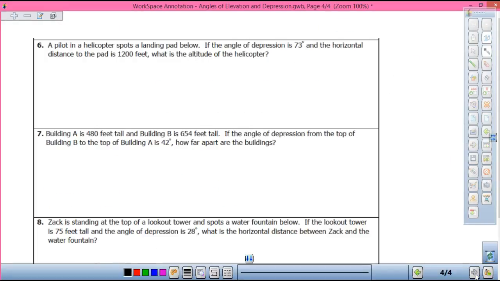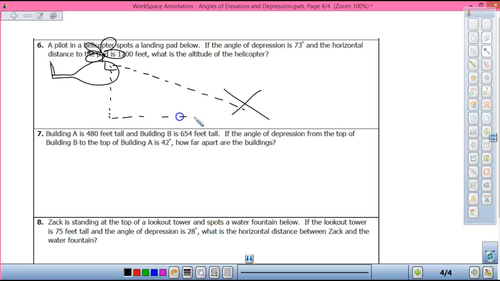Okay, so I've got a helicopter that spots a landing pad below. So I've got a helicopter. I think that's what a helicopter looks like. Spots a landing pad below. So my landing pad's down here. Here's my triangle, right?